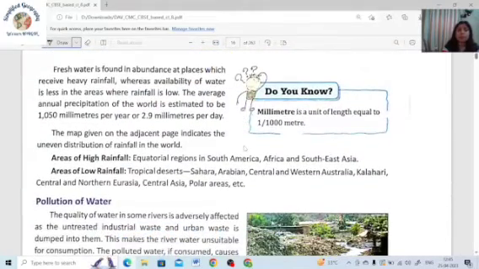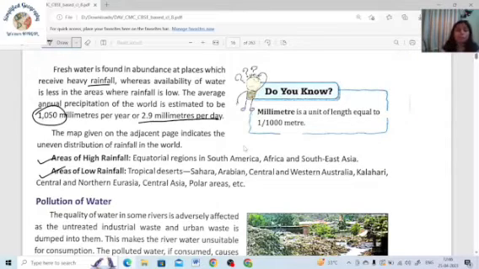Fresh water is found in abundance at places which receive heavy rainfall, whereas availability of water is less in areas where rainfall is low. The average annual precipitation of the world is estimated at 1050 millimeters per year or 2.9 millimeters per day. The map given on the adjacent page indicates areas of high rainfall and areas of low rainfall.